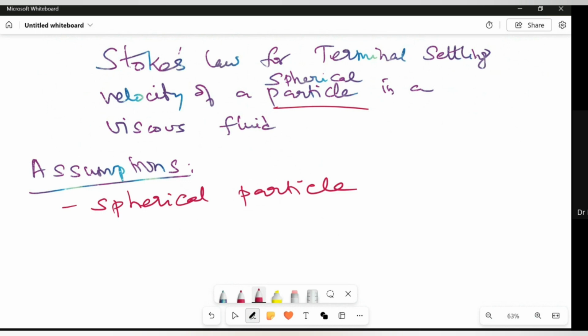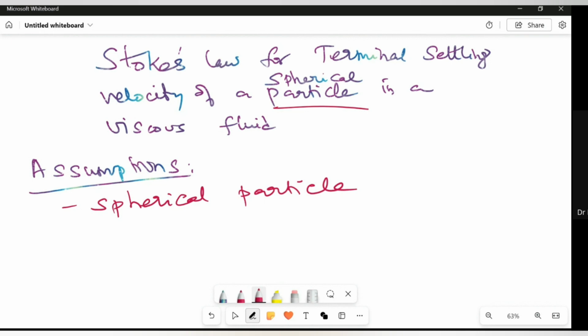Because this derivation assumes that the settling particles are spherical in shape, it will simplify the mathematical analysis, but it limits the application to non-spherical particles.